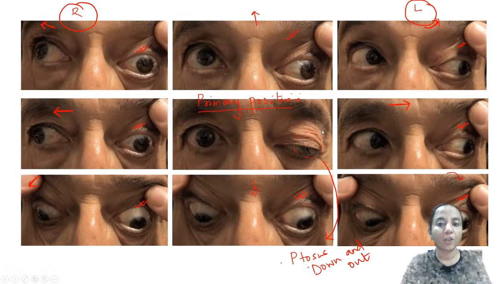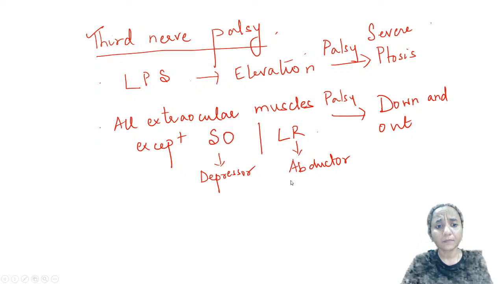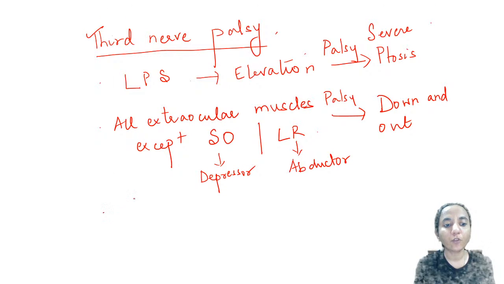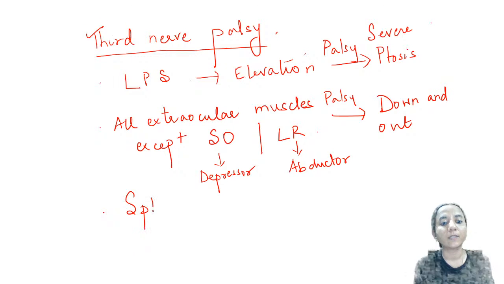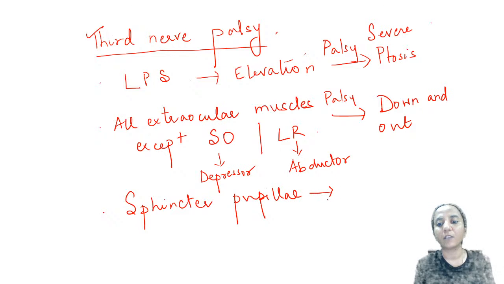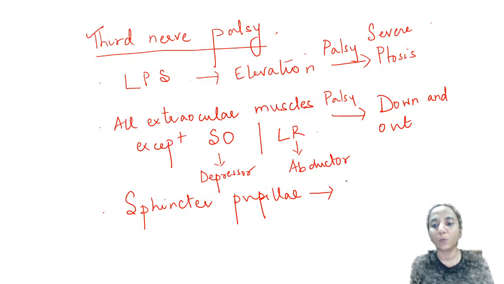So see, in this picture, what did you see? You saw ptosis and you saw that the position of the eye is down and out, right? So this is third cranial nerve palsy. Now apart from that, the third cranial nerve also supplies the sphincter pupillae muscle. Therefore, the constriction of the pupil will be lost.